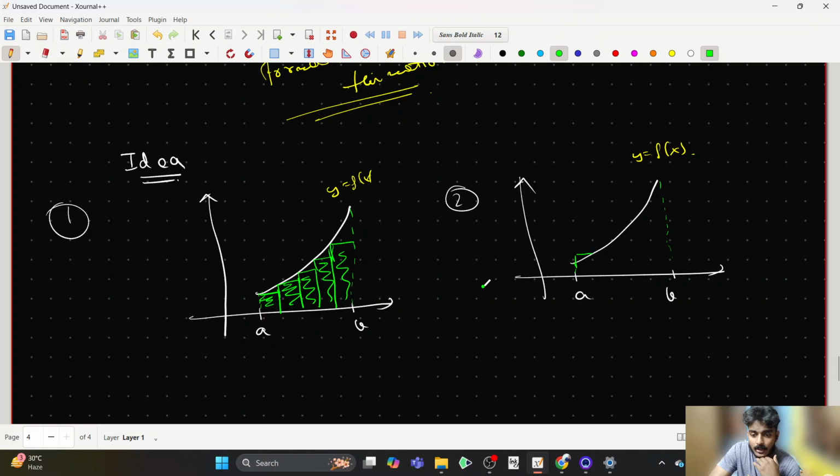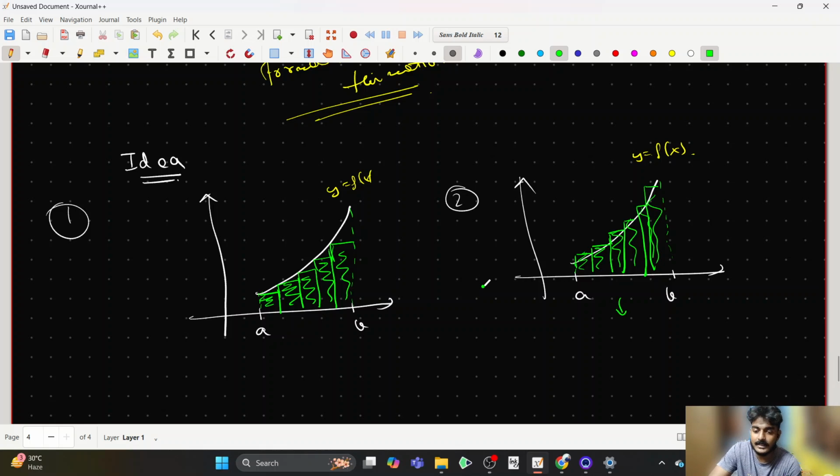Similarly, I can draw these rectangles being slightly larger than the curve given to us, right? In some way, like this. Clear? Fine.